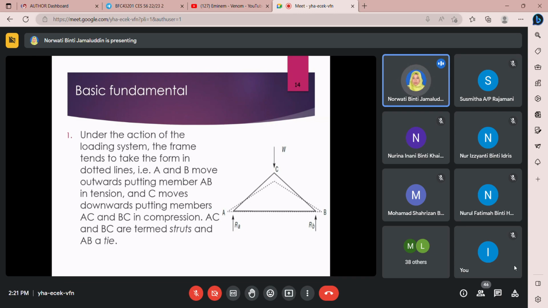Do not use strut for a column. A column is also a compression member, but we do not call a column a strut member. In fact, we can use post member. Strut is suitable for truss systems.